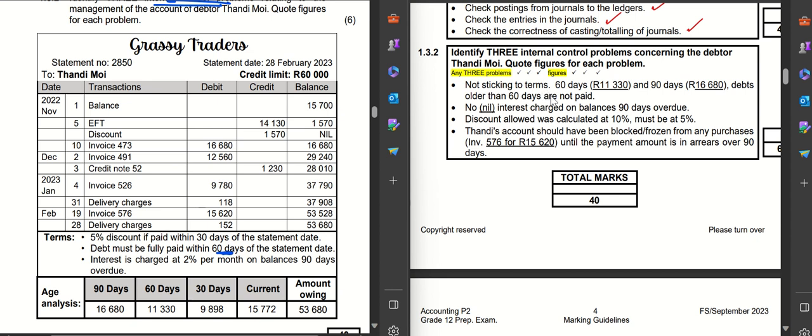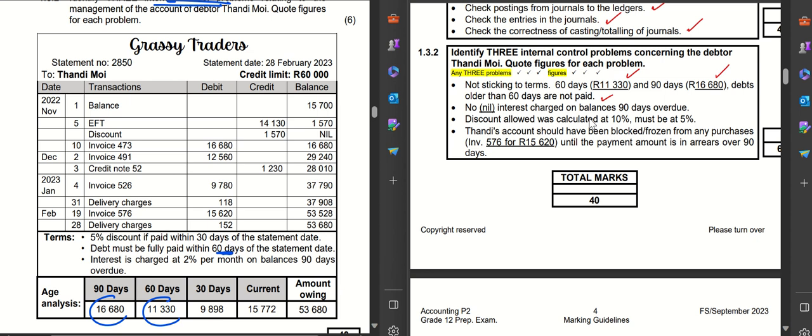So no sticking to terms. There is an amount of 11,000, which is what you see over there. All right, that is on 60 days. And there is even an amount beyond 60 days, which is 90 days. There it is, 16,680. Debts older than 60 days are not paid. That is problem number 1.